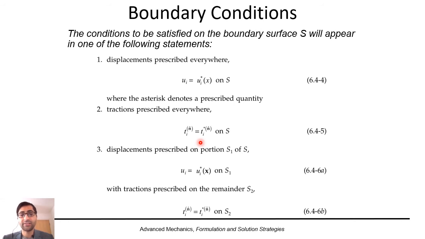Or it can be displacement prescribed on portion of the boundary condition surface, S1, and traction prescribed on the remainder of this surface, S2. So basically the boundary surface is S. We know that on part of it, S1, the displacement is prescribed, and on the rest of it, S2, the traction or stress is known. Okay. Remember the relation between traction, stress, and normal vector to the surface. We're going to use it in a few examples later.